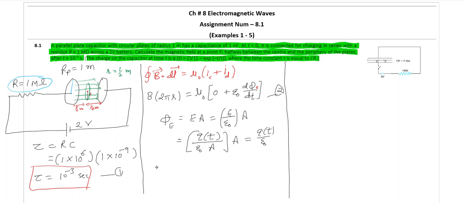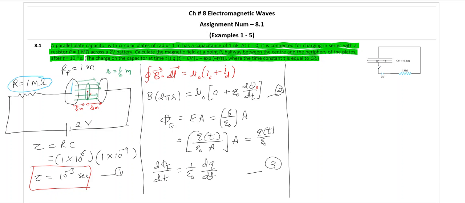This is the electric flux, and if I differentiate it, we get 1 by epsilon 0 dq by dt. Let me call it result 3.